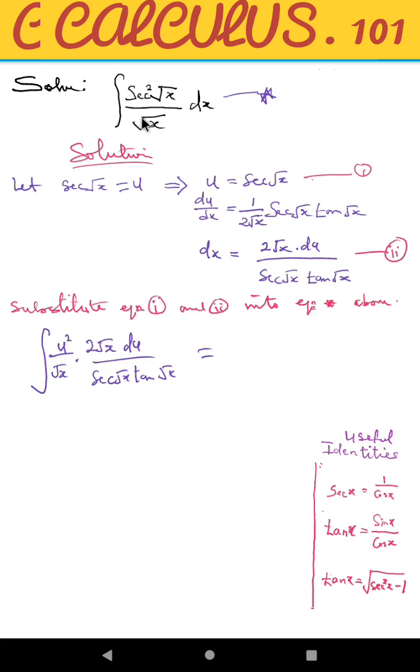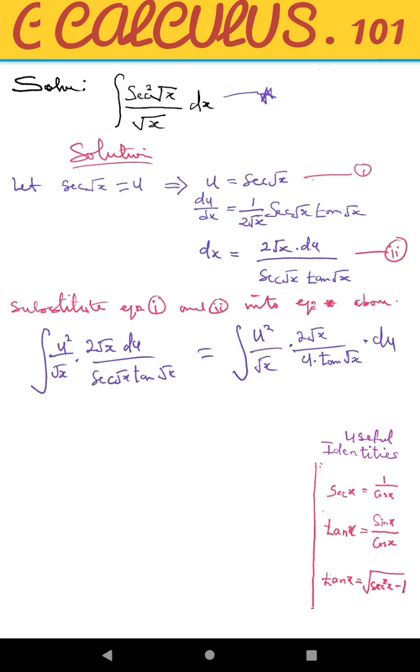Now from this you also discover that this sec root x is also equal to u. So we're also going to replace this, so that will give us u squared over root x, times 2 root x, all over, in place of this sec root x I put my u, then tan root x, then I put my du.